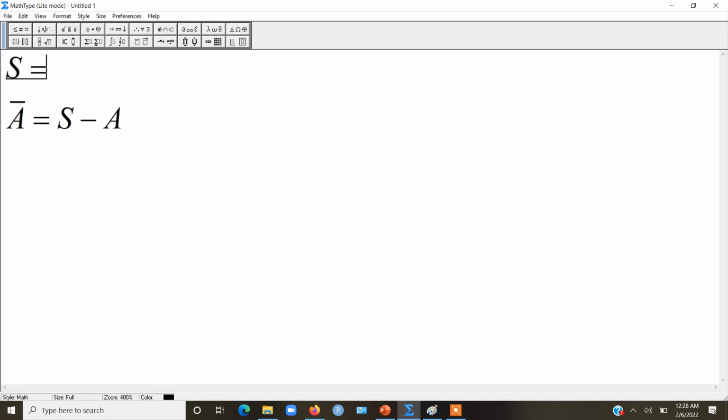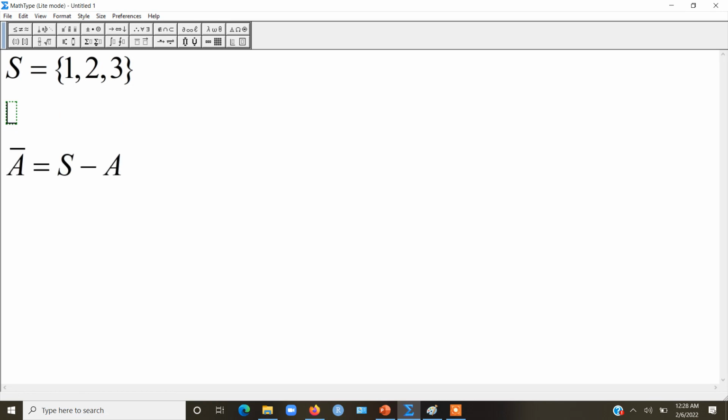For example, if the sample space is this, and let's say A is this event, what will be A bar?